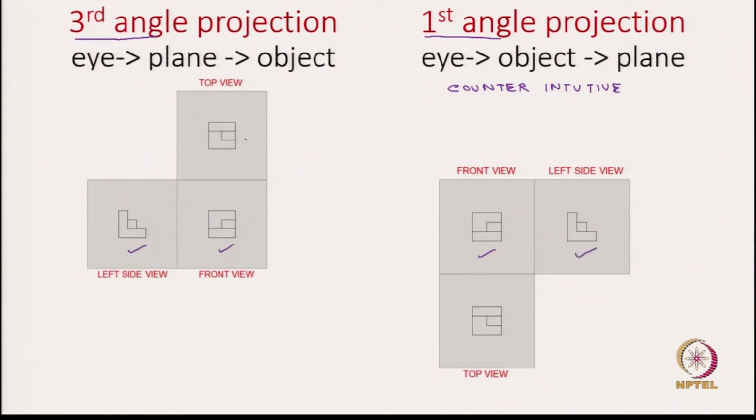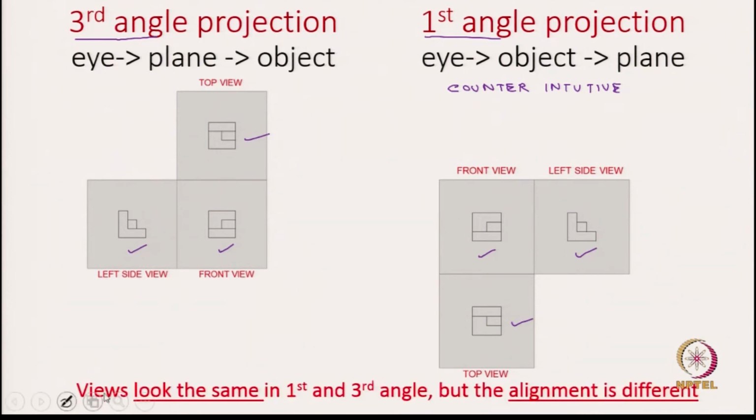The same with the top view. The only difference is where they are placed with respect to each other. So, that is why we say the views look the same in both first and third angle projections, but the alignment or the placement of the views is different.